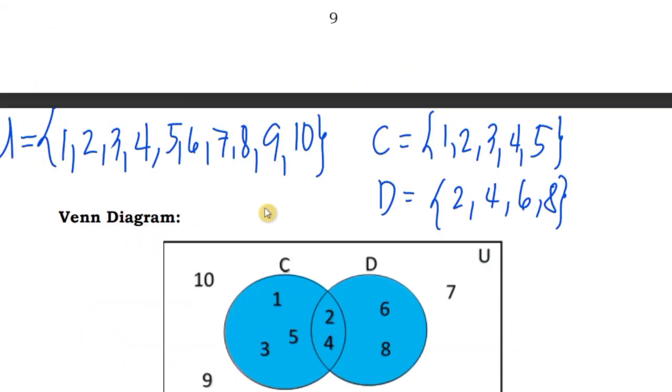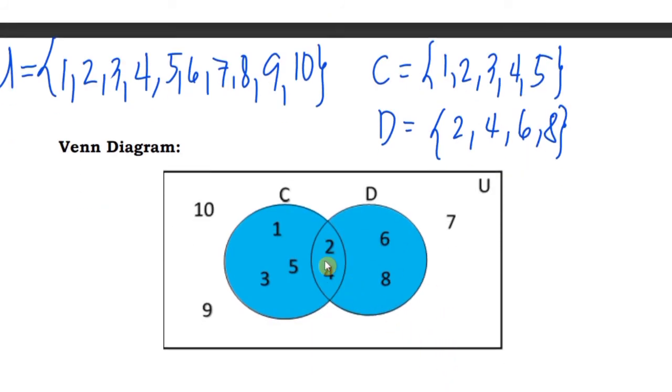From the given Venn diagram, the 2 and the 4 are the intersection, the intersection values of both sets, because 2 and 4 can be found in set D and set C.